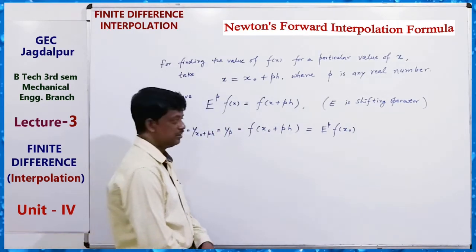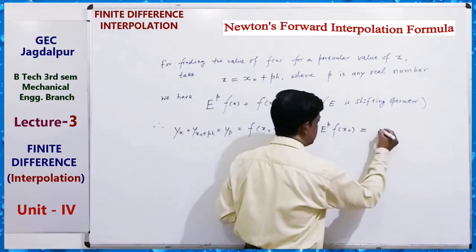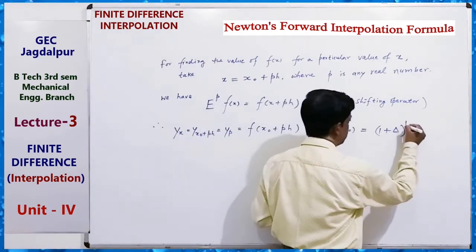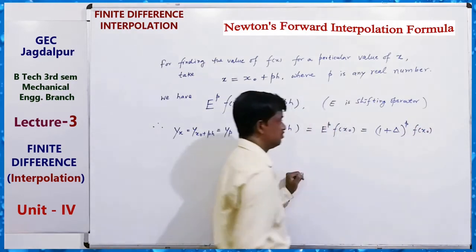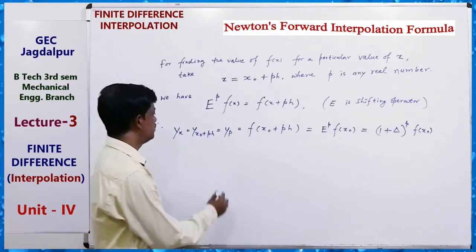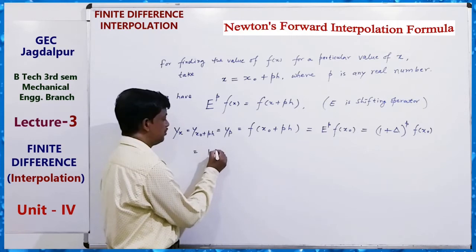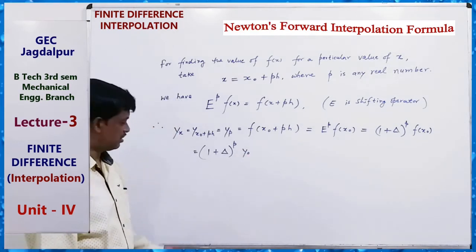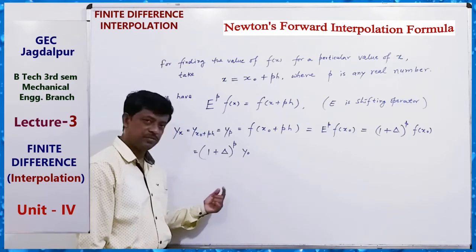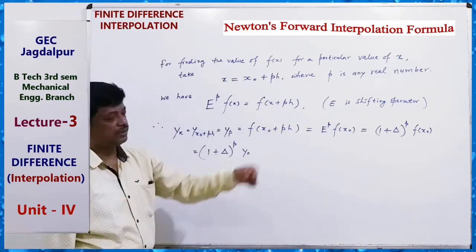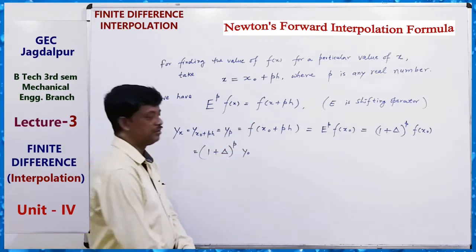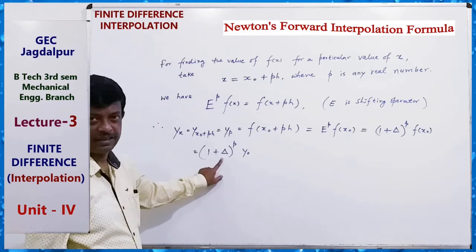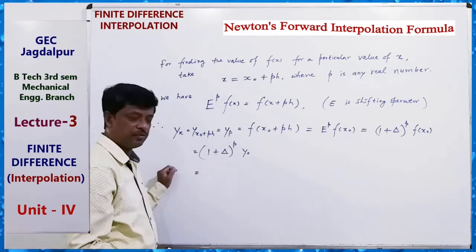Clear? Now, E is what? E is 1 plus forward delta, in terms of the forward difference operator. So E^p f(x0), we can also write y0, since y0 corresponds to x0, that is f(x0). So we write (1 plus delta)^p y0, and this can be expanded by the binomial theorem, (1 plus x)^n.